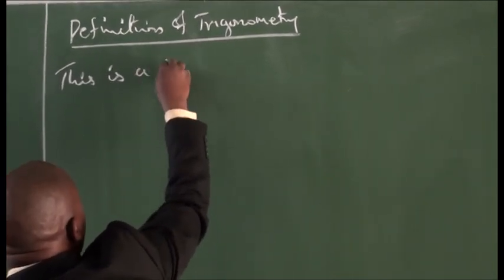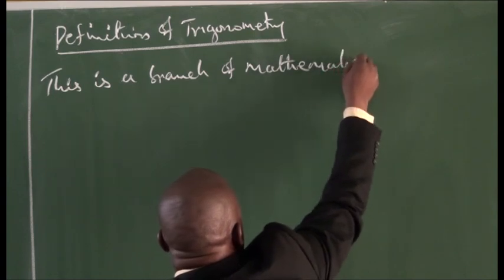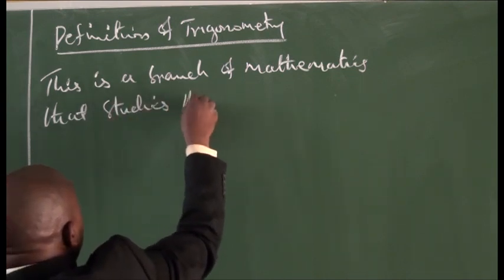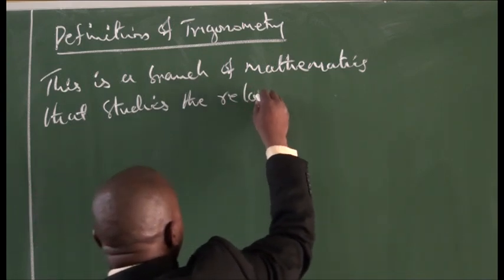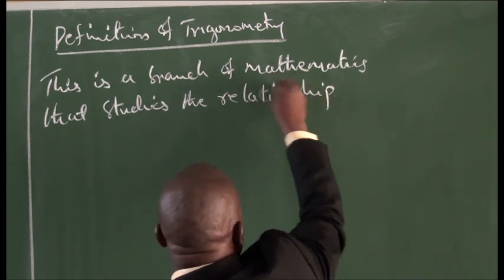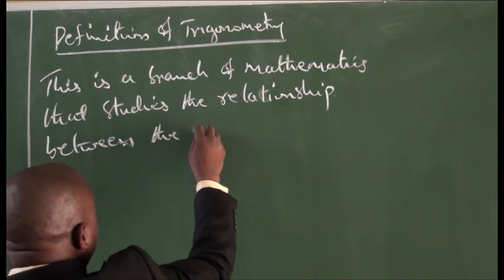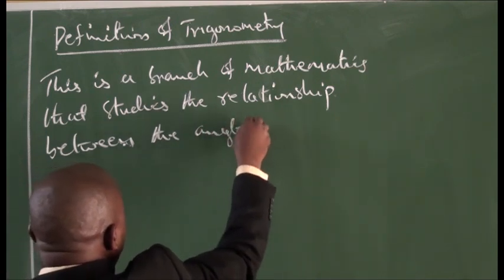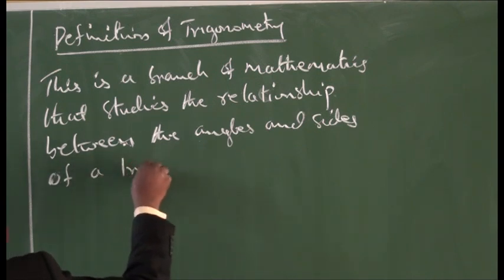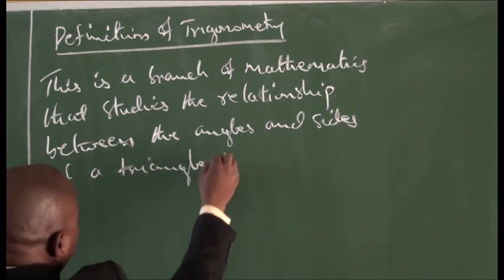This is a branch of mathematics that studies the relation between the angles and sides of a triangle.